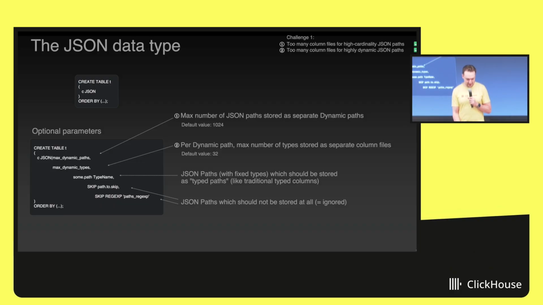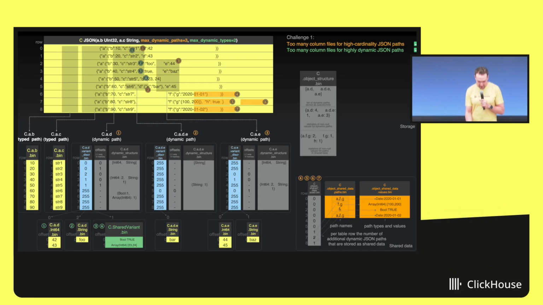By default, the limit is 1024. And the limit on the maximum number of types by default is 32. OK, here are our parameters. And let's again look at the example.